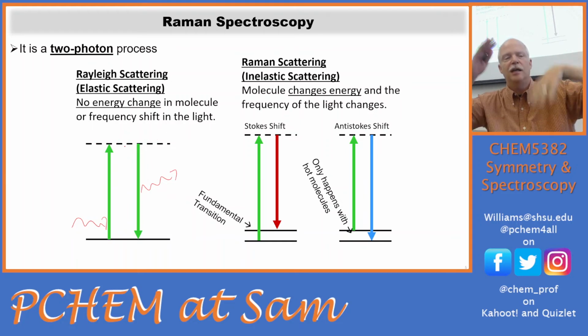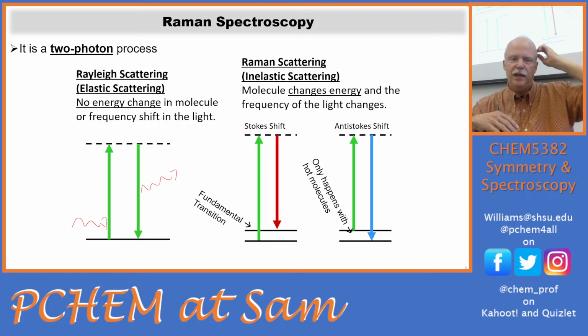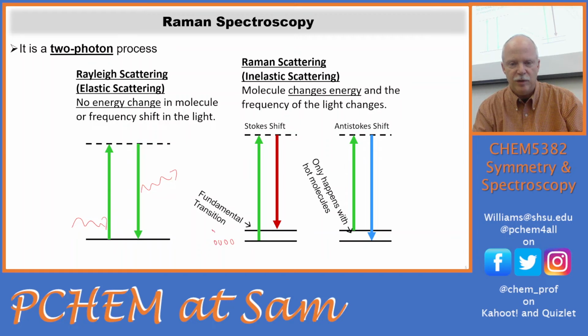It's just showing the oscillation of the electron cloud. And it's just kind of an aid in showing that this arrow up matches the beginning of this down arrow. Now, if you have Stokes shift, this might be 0, 0, 0, 0, and this might be 1, 0, 0, 0. So that would be the fundamental transition for V equal V1.